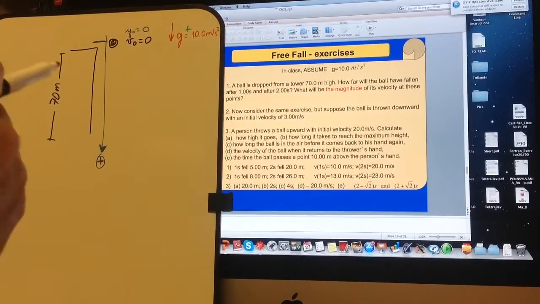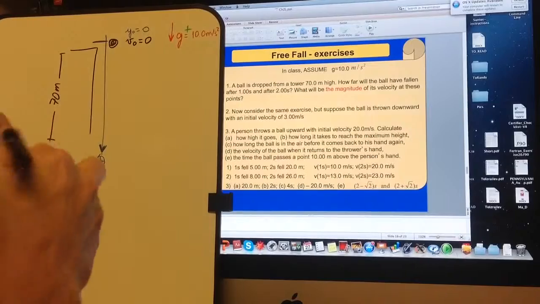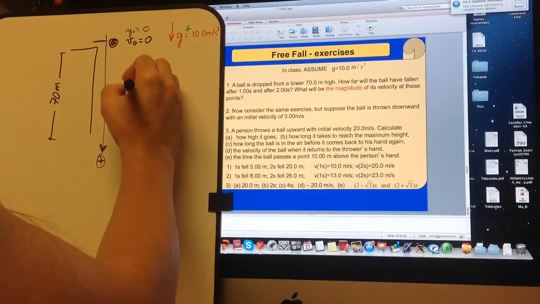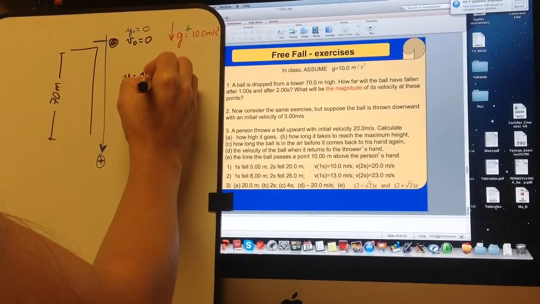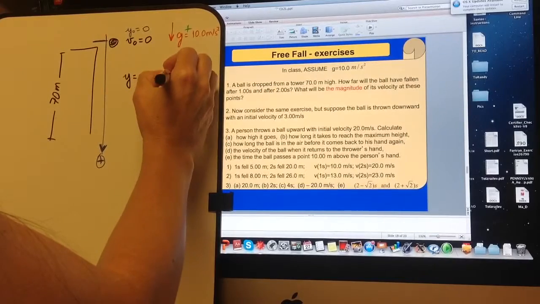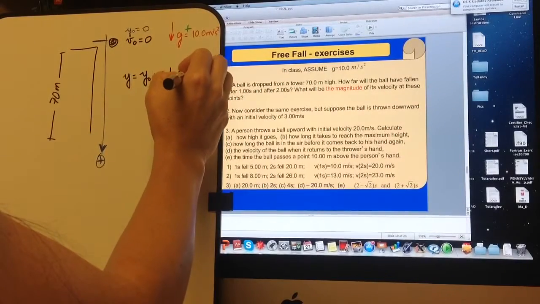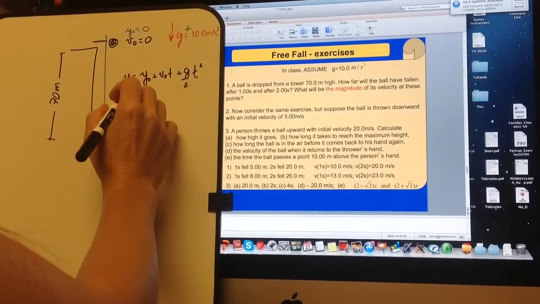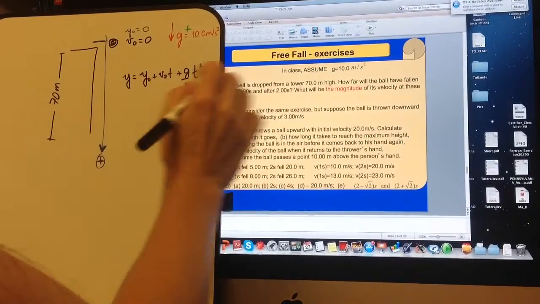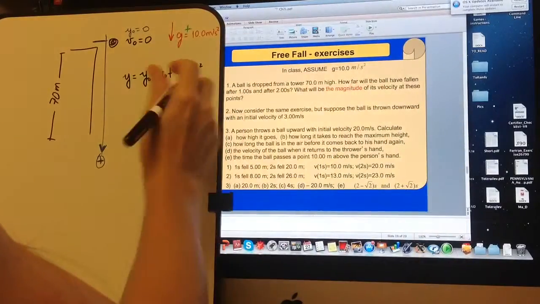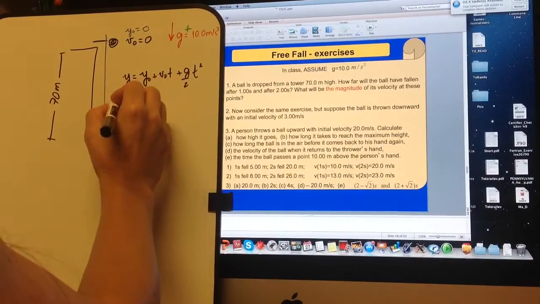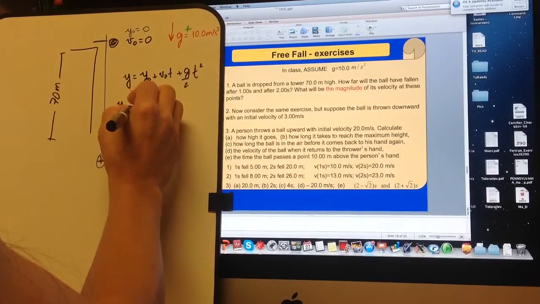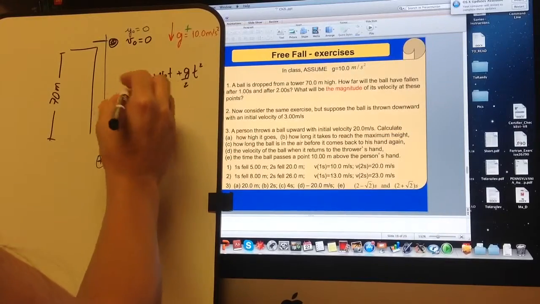I want to know how far the ball will have fallen after 1 second. Okay, I'm going to use the equation for position. I want to know the displacement, right? Because how far will the ball have fallen? So what I really want to know is y minus y naught. Okay, so this is displacement.